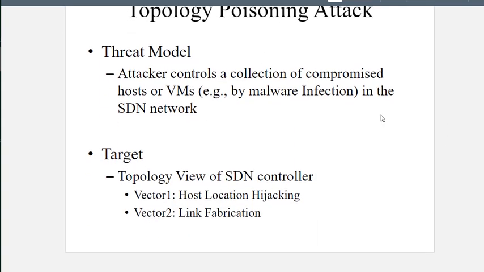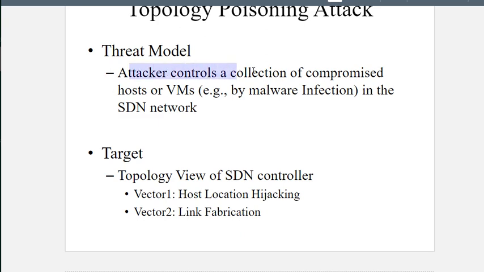So let's see. We assume that the attacker controls a collection of compromised hosts or virtual machines. Remember, here we do not need the bad guy to control any switch, and they don't have to have the capability to grab the controller. Well, if they have the capability to grab the controller, then we're totally cooked.